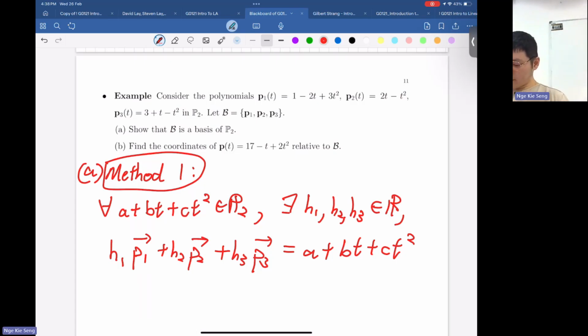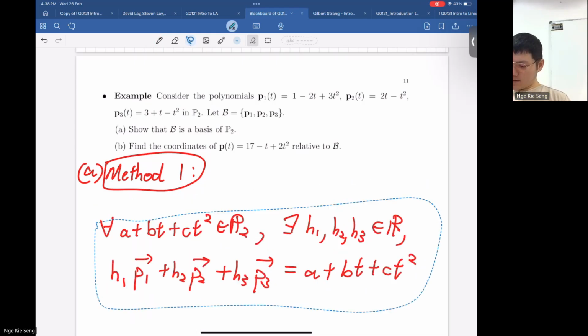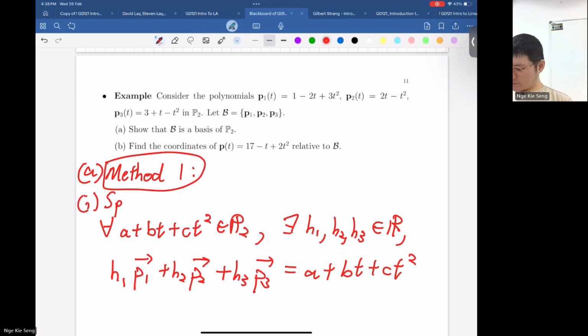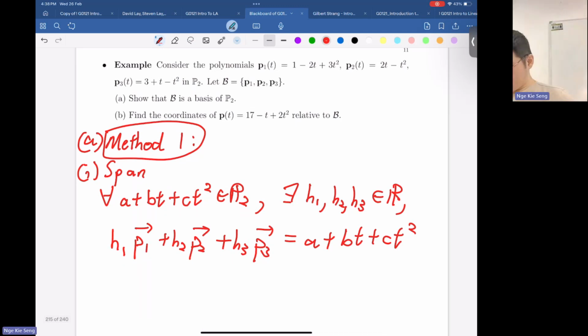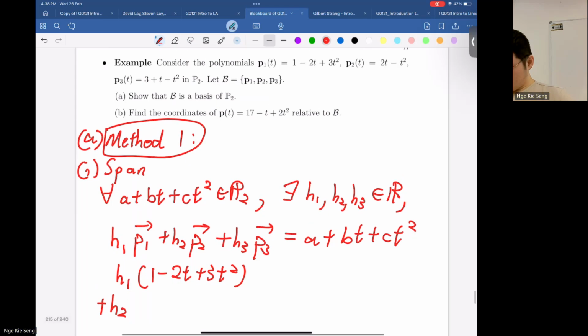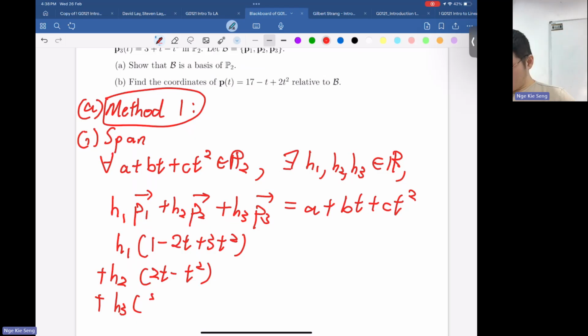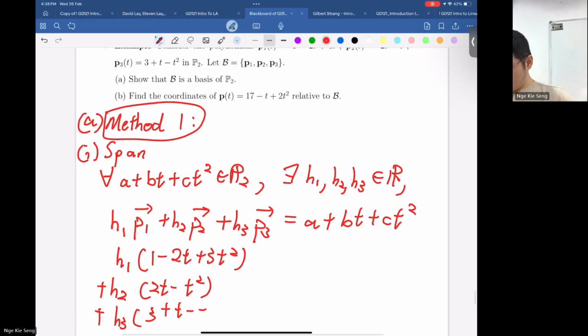So this is for span. Let's write it down for span. If you expand everything, it's very long. X1 times 1 minus 2t squared, X2 times, and then plus X3 times 3, equals a plus bt plus ct squared.